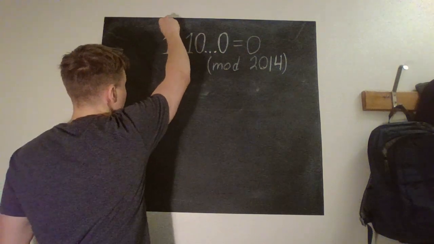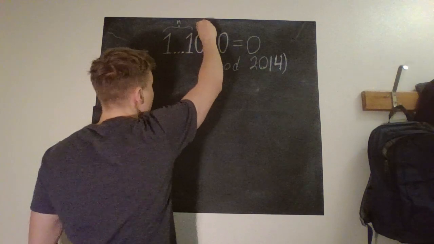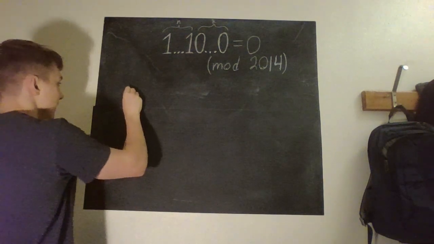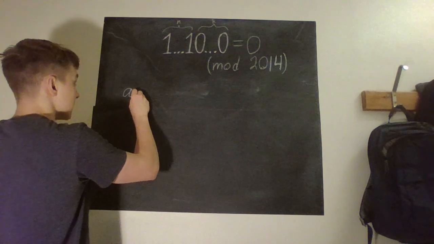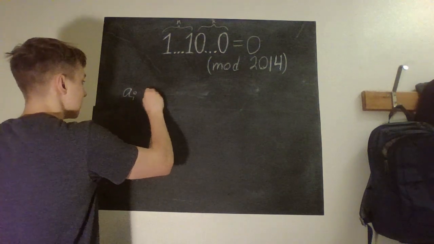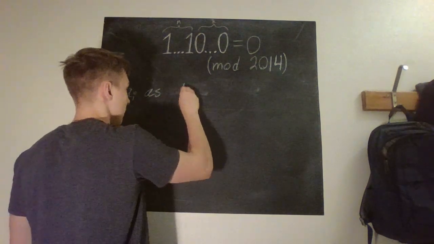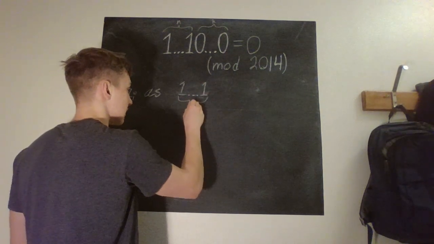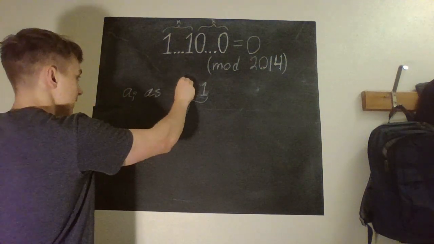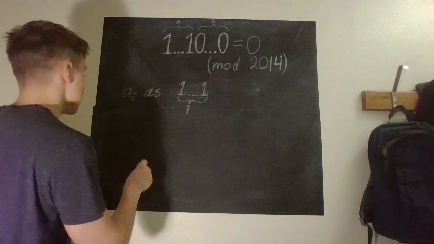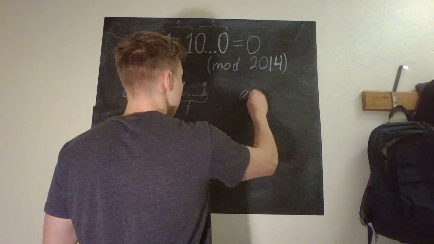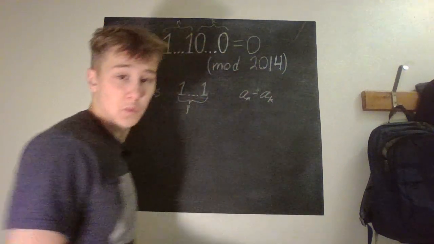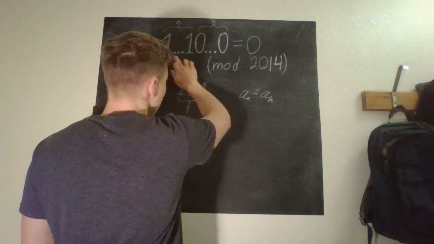So say that there are n ones and k zeros, then if we denote the number a_i as the number with i ones, then we know that this number here is equal to a_n minus a_k.